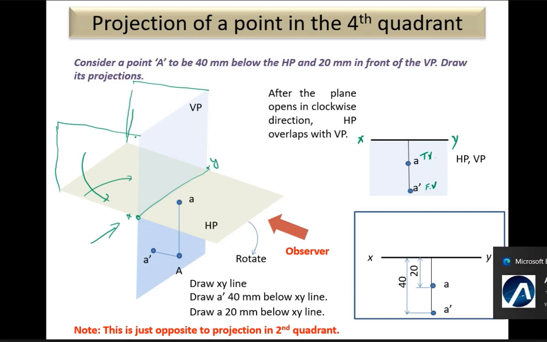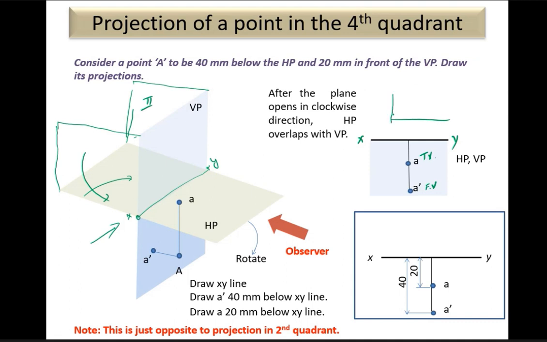So here in the second quadrant, we'll get something like this. Our HP and VP will lie like this, and we have this right profile plane, RPP, here and here. So nothing will be below the XY line.